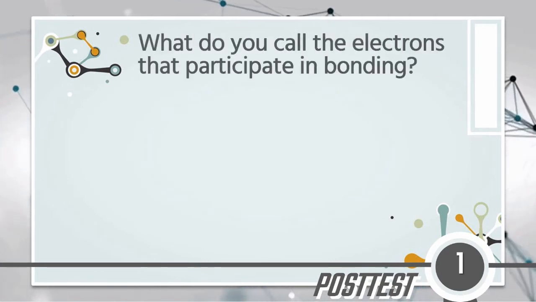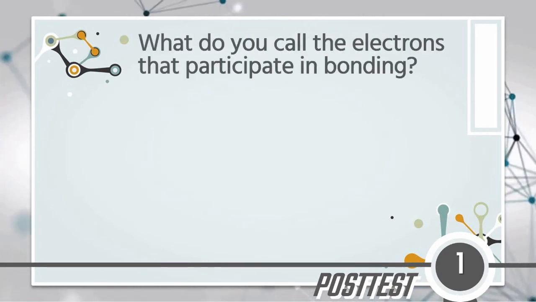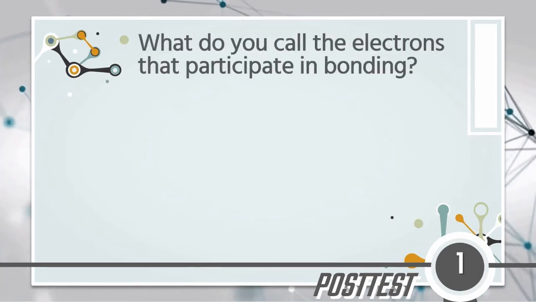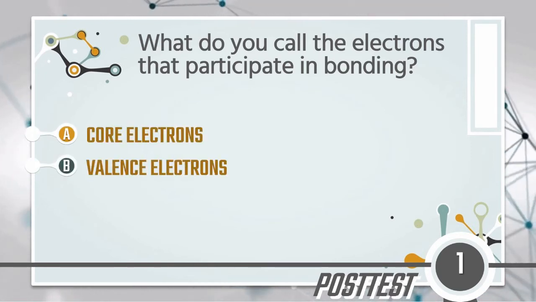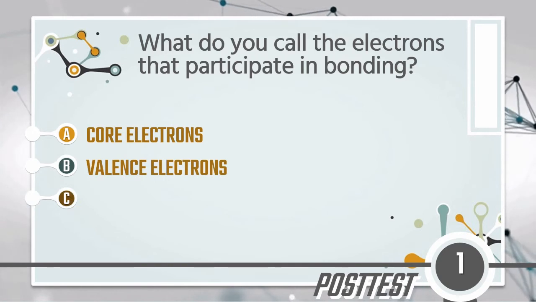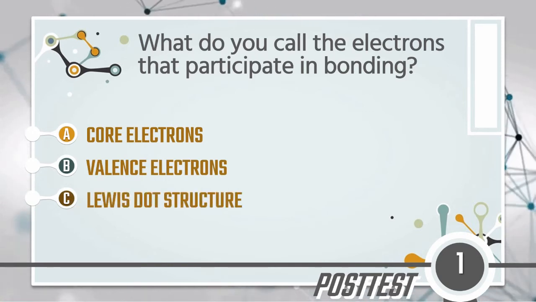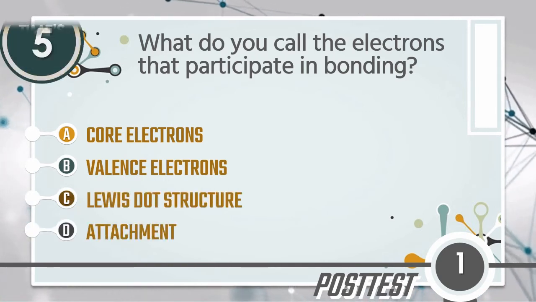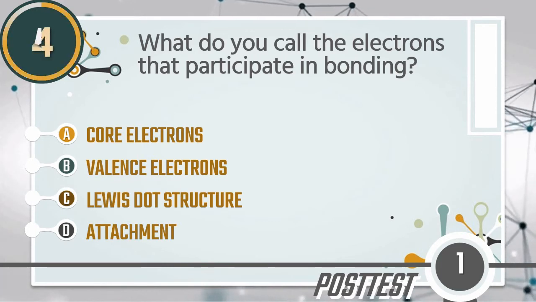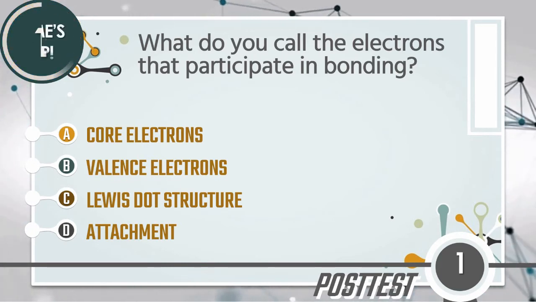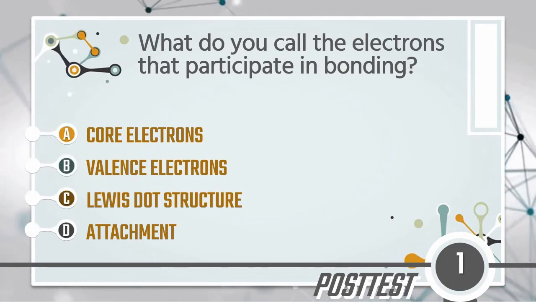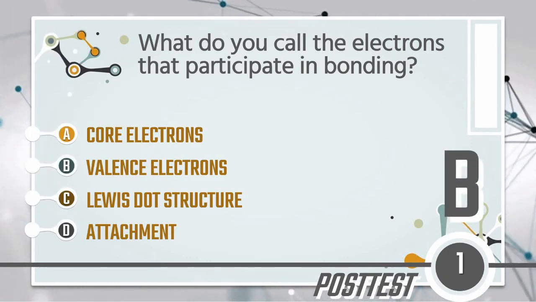What do you call the electrons that participate in bonding? A. Core electrons. B. Valence electrons. C. Lewis dot structure. Or D. Attachment. If your answer is B, you're correct.